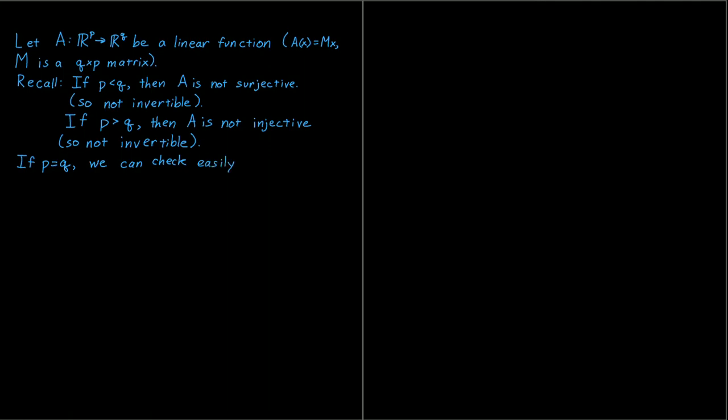You can type it into a computer whether A is invertible by computing the determinant of M. Now, there's a whole theory of invertible linear transformations.